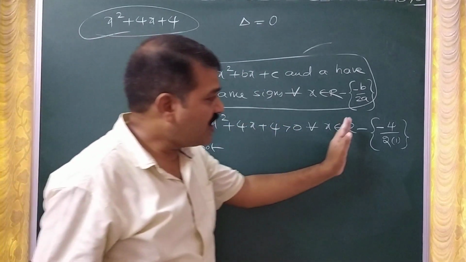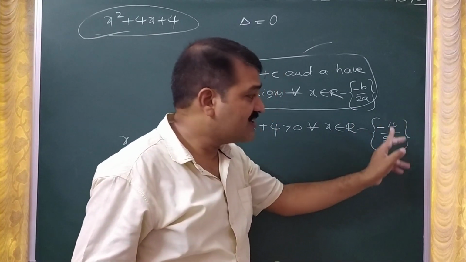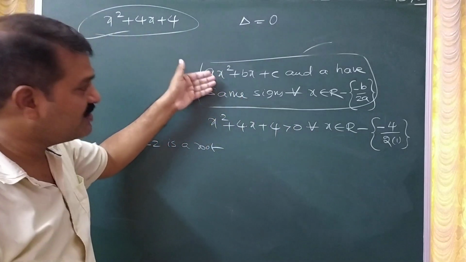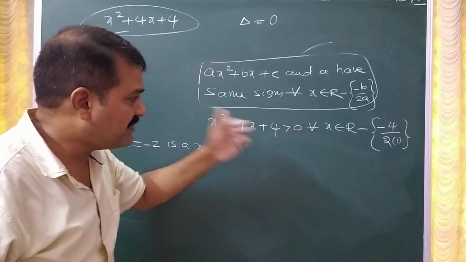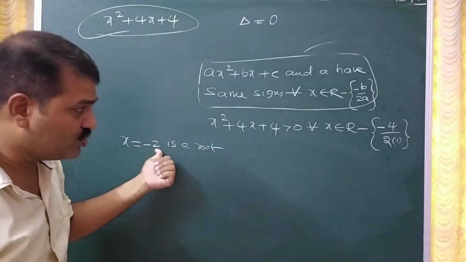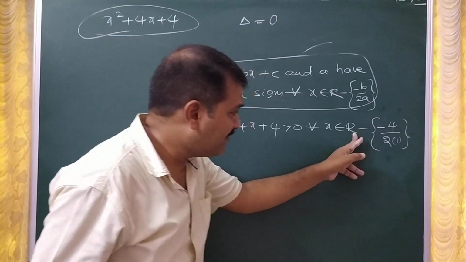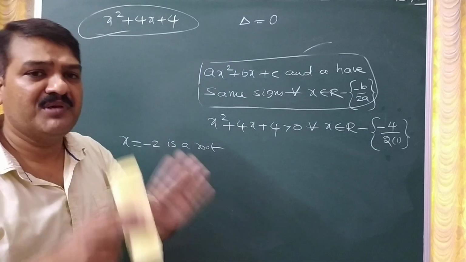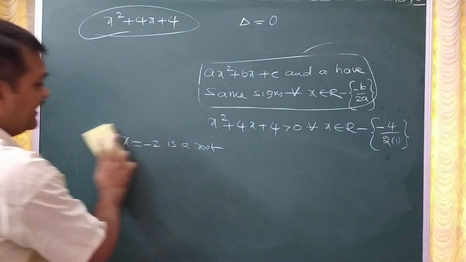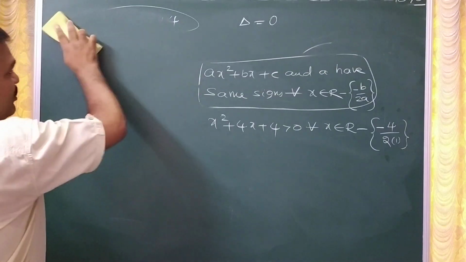So why are we not considering this? Because this is a root. If you substitute this, the expression becomes 0, but not positive. So excluding this value, which is a root, for the remaining real numbers the expression is going to be always positive. So this is the case when delta is equal to 0.